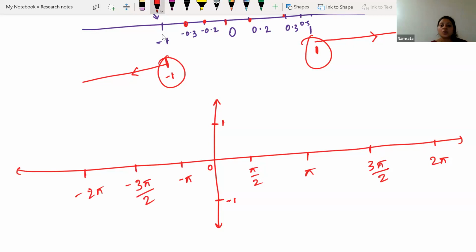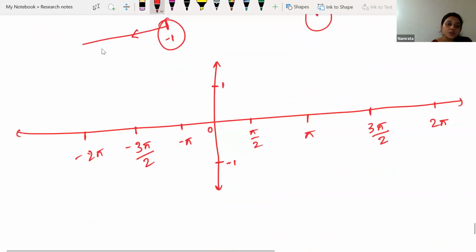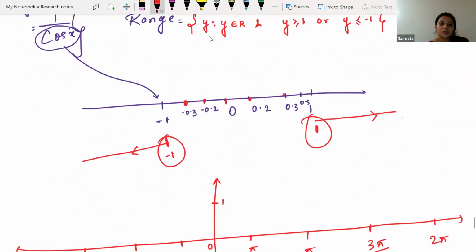Range we already know. Now we need to check a few values, that is sec pi by 2, sec pi, sec 3 pi by 2.